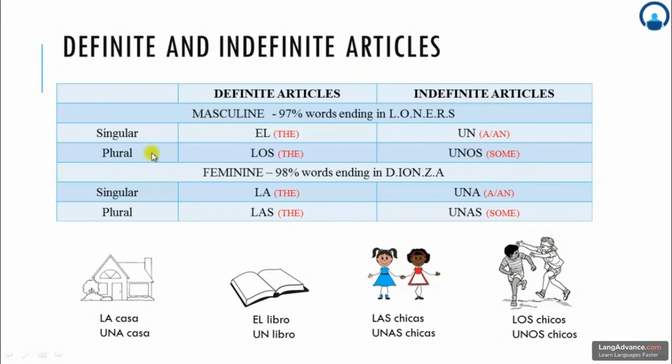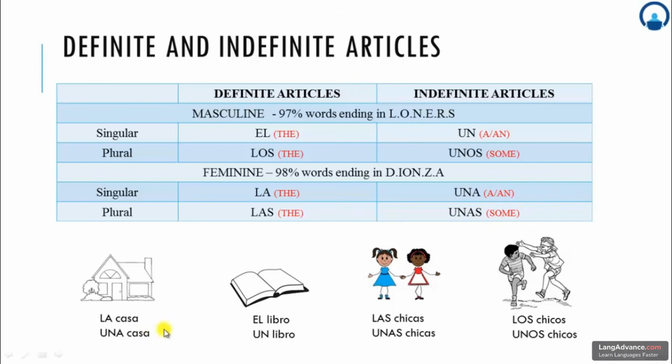If it is plural and masculine, unos is the indefinite article. If it is singular and feminine, una is the indefinite article. And if it is plural and feminine, unas is the indefinite article. So the indefinite articles are un, unos for masculine and una, unas for feminine.